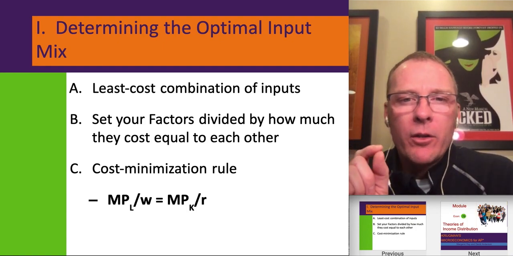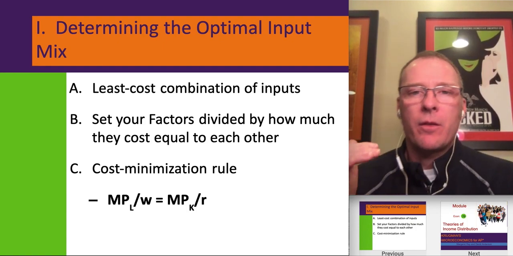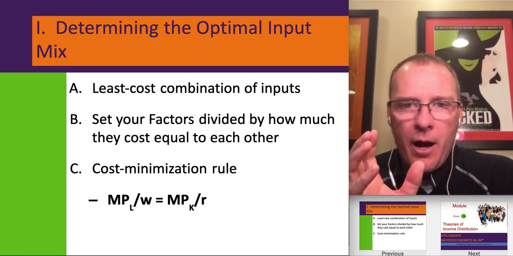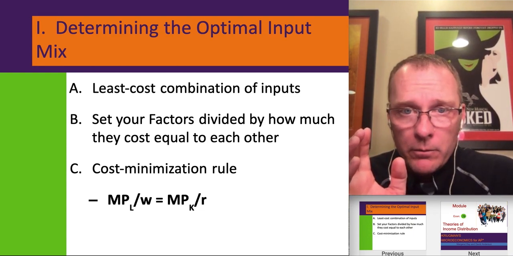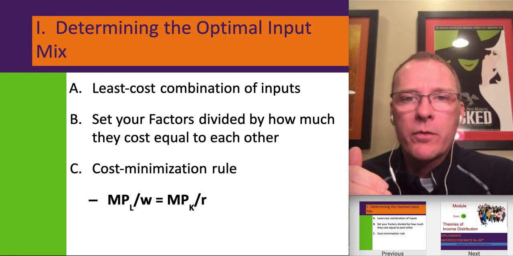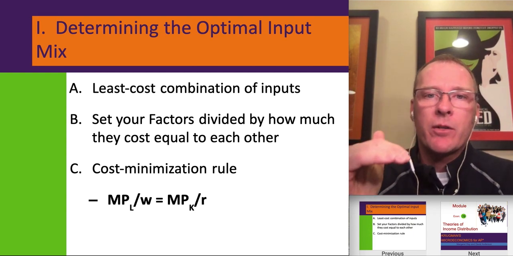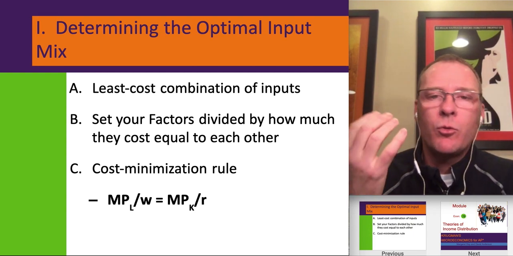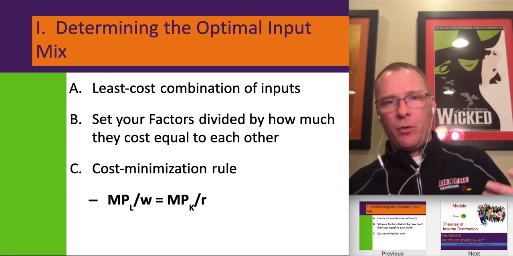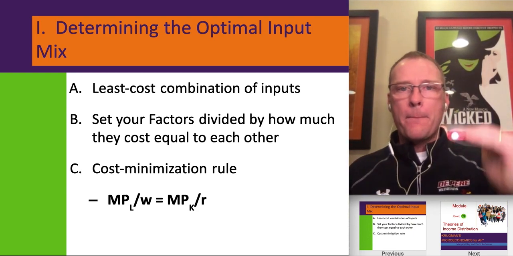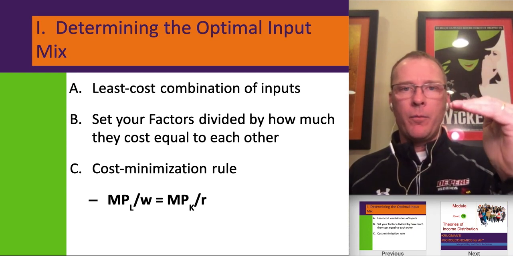Remember, if you want to change these numbers, make sure you get that marginal product number. If you want a smaller number, you have to hire more of something. If you want a bigger number, you have to hire less. As you do less, produce less capital, hire less labor, that worker is going to be worth more than if you hire more labor.